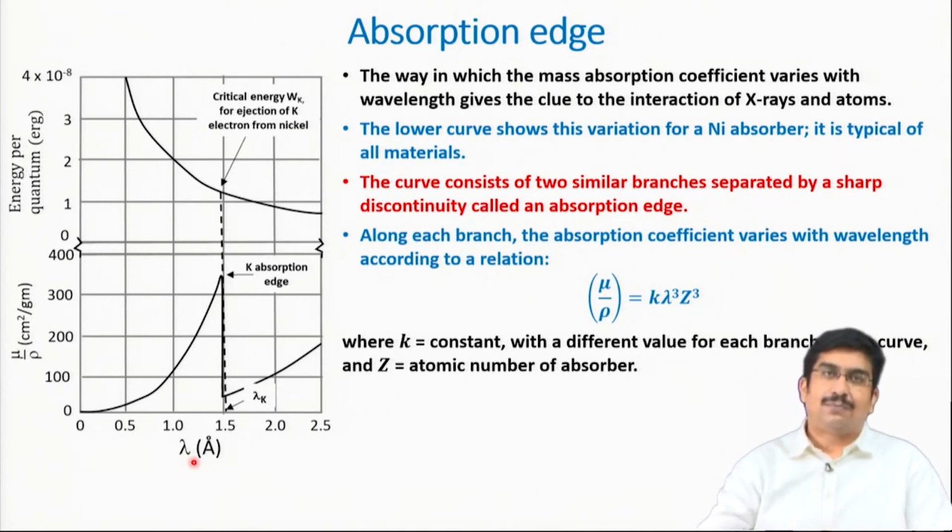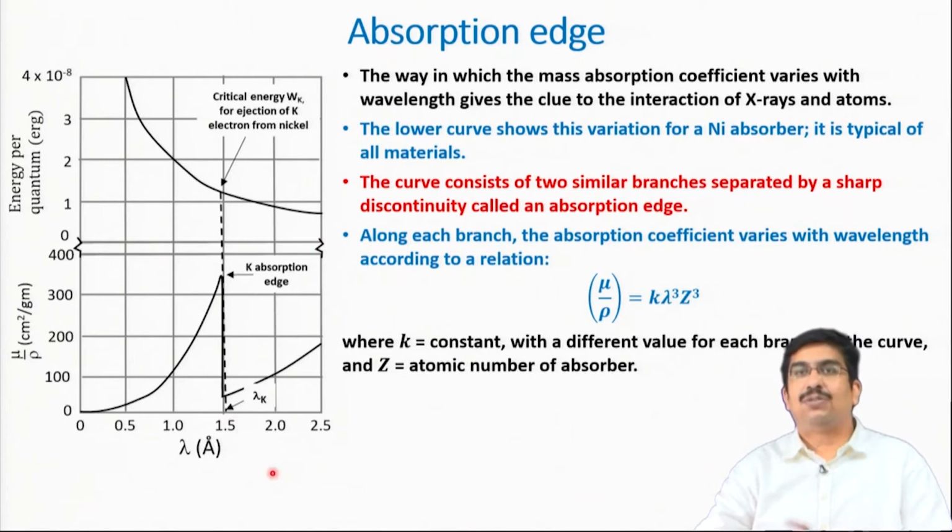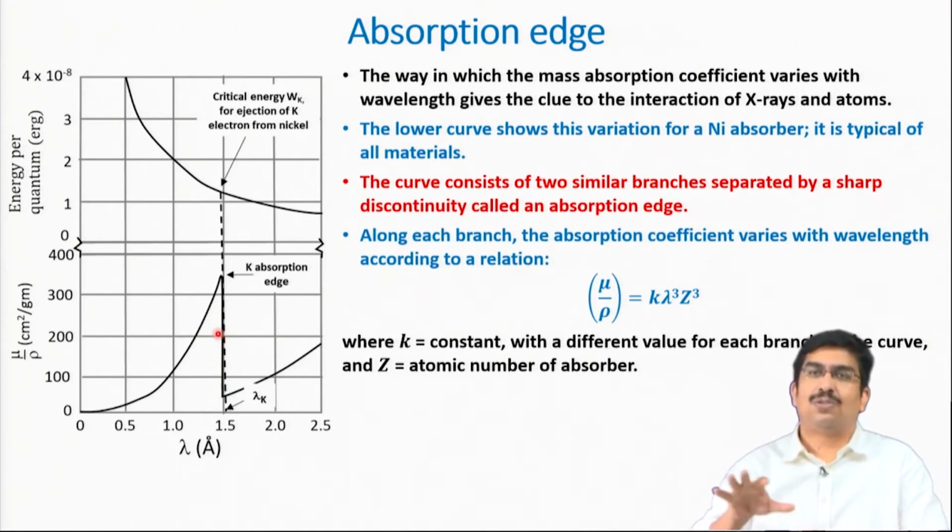So, this is the variation of mass absorption coefficient with respect to the energy of the X-ray. This is shown for a nickel absorber, but it is very typical, and the same thing happens for most of the other elements, most of the metals, most of the transition metals. This is the kind of graph you will see for mass absorption coefficient versus lambda.